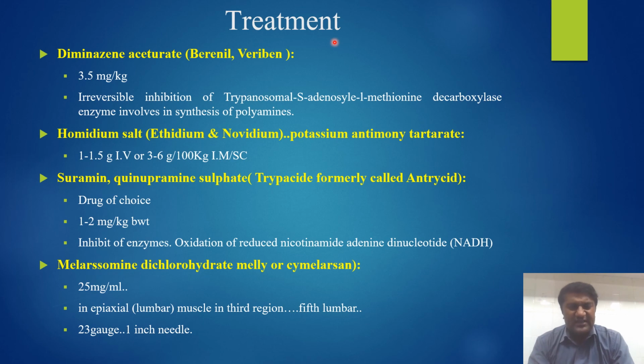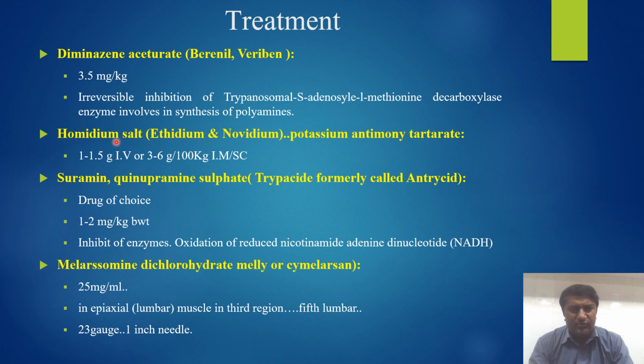So the treatment is very important: diminazene aceturate, commercially available as Berenil and Veriben, at 3.5 milligram per kg body weight, an irreversible inhibition of trypanosoma S-adenosyl-L-methionine decarboxylase, an enzyme involved in synthesis of polyamines.